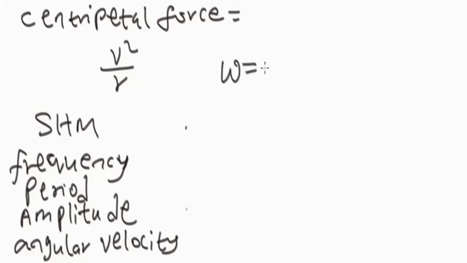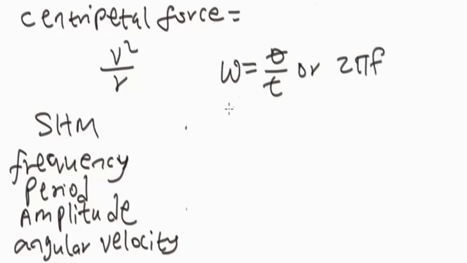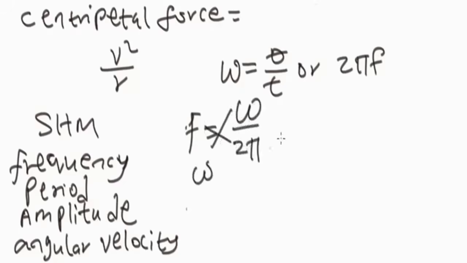That means angular velocity w equals theta over time. Or angular velocity can also be calculated using 2 pi f, from one of the formulas for frequency, f equals w over 2 pi. So when you cross multiply, w results to 2 pi f. So that's how I got this 2 pi f. Don't be confused by it.